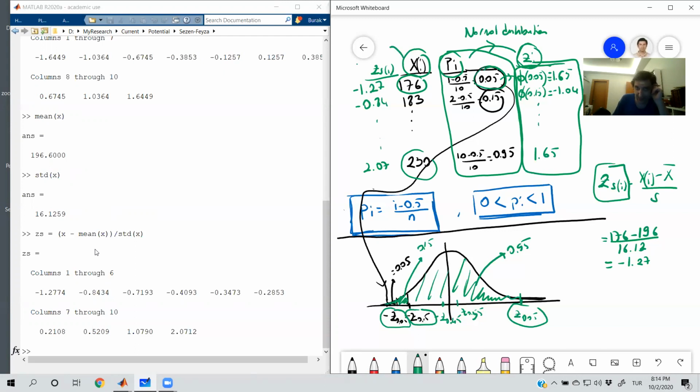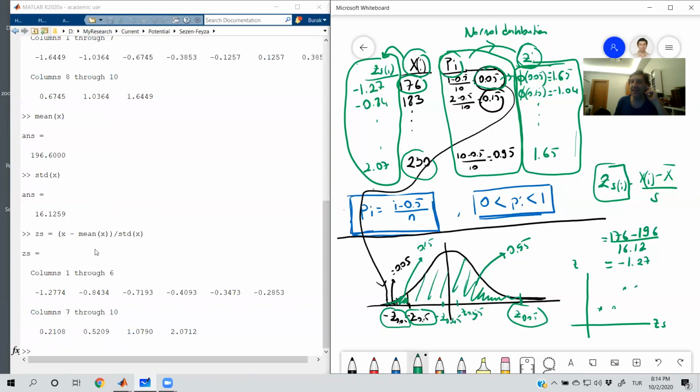Whereas here, X values are directly converted to standardized normal distributed random variables. So if the normal distribution is valid, these values and these values should be close to each other. So what we do is we scatter plot these ZS and Z values.